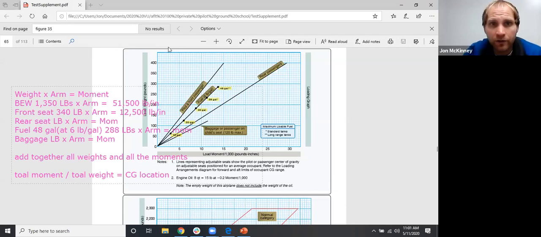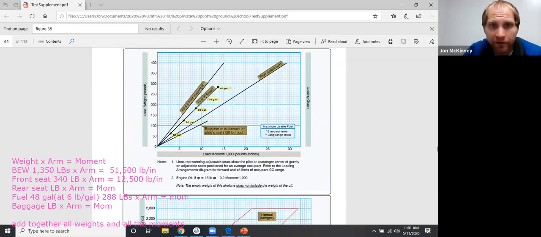So they've done it to us today with a graph. So here's the fuel. If I had 288 pounds of fuel, that would be right here where this marker is, which is why you could see if I was able to draw a straight line, that'd be 288 pounds. And then down here, if I go straight down, it's going to tell us how many moment, pound inches. I'm just doing my best to draw a straight line.